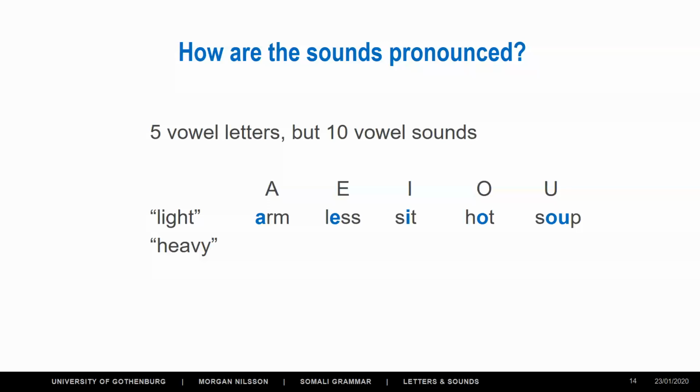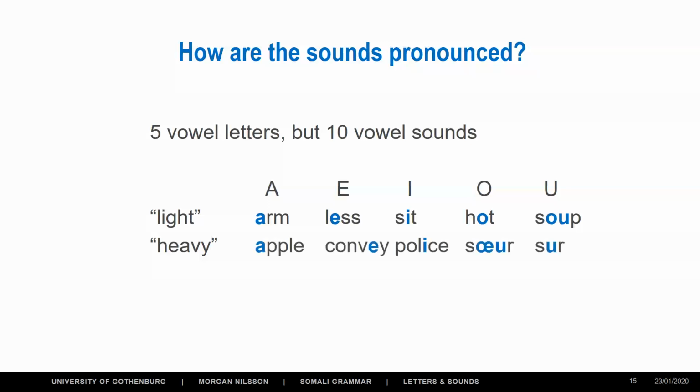So the most frequent sounds that correspond to the letters are called light. They are the ordinary sounds. And then there are also heavy sounds that are a little bit more special, not as frequent as the light sounds.